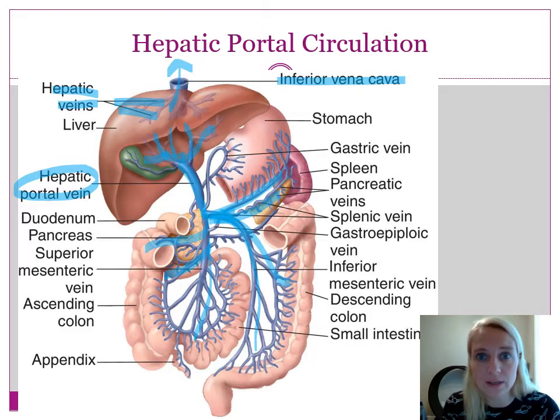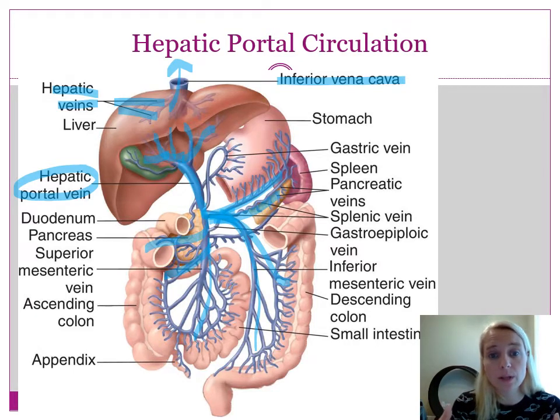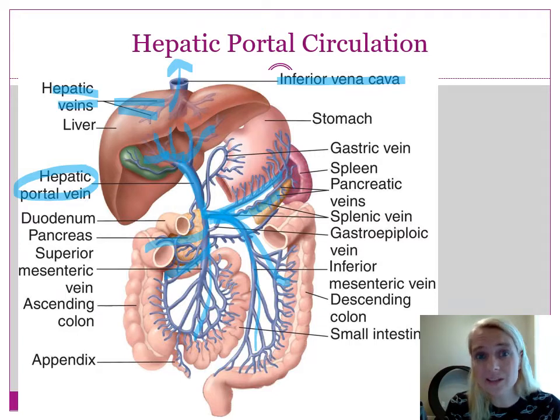Think of the job of the stomach, the small intestine, the large intestine, is to break the food down that we eat and absorb it into the bloodstream, so then we can distribute it out to our cells. Well, the liver needs to process the amino acids, the glucose, the lipids, and so all those things make a stopover in the liver first.